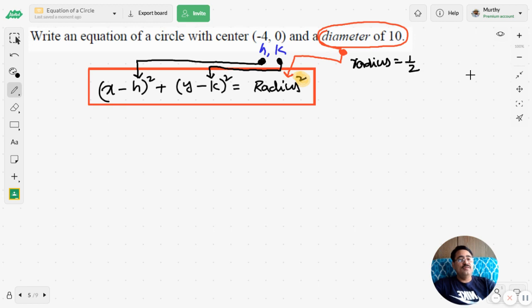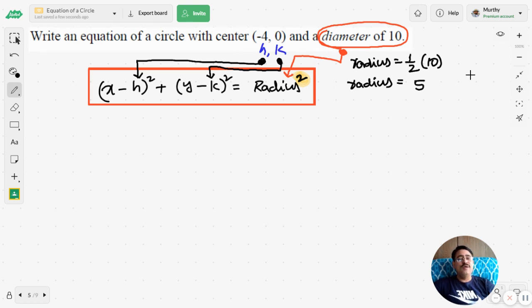Therefore, the diameter is given as 10 units. Half of 10 gives me 5. Therefore, radius is 5 units. These are all small things, but there are high chances of making a mistake. I strongly recommend you to write the formula every time so that you will never make a mistake.